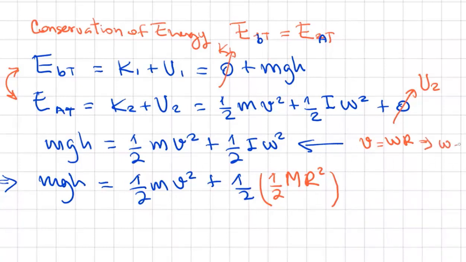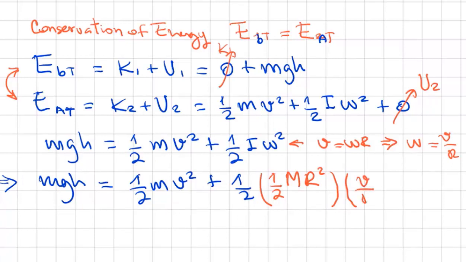If v is equal to wr, then if I clear w from this equation, I will have that w is equal to v dividing r. Okay, so I replace that into this equation. Because this is w squared, I will have v dividing r squared.